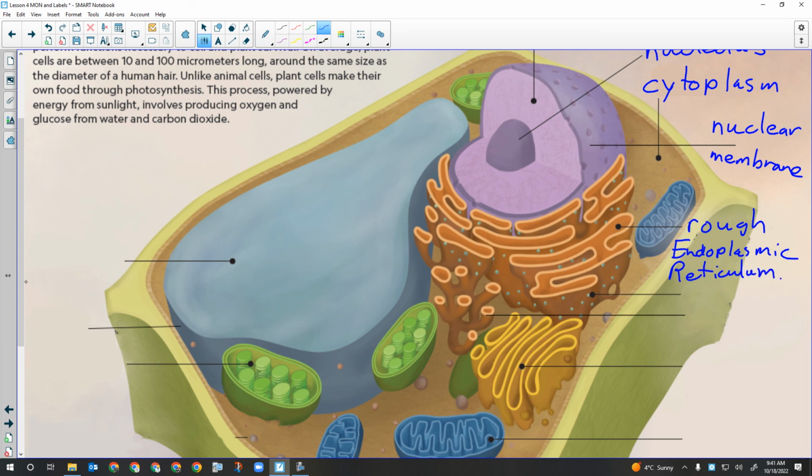Which you can mercifully abbreviate ER. Okay, so that is the rough ER. Rough ER primarily transports protein around the cell.